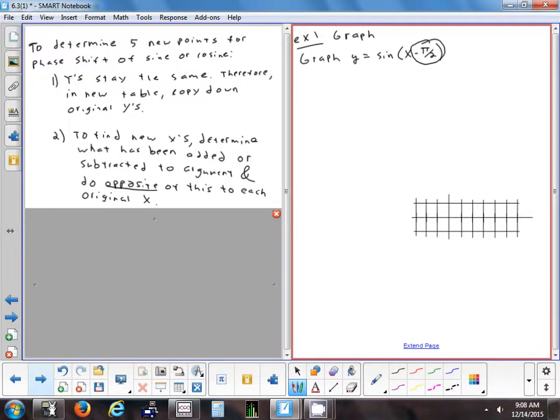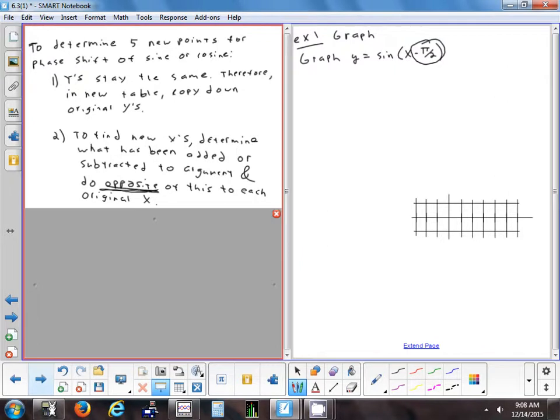Okay, so what did I just circle here? What am I doing to x in this problem? Yeah, we're really shifting it right 90 degrees, or we're going to shift right pi over 2 radians. And we've done a minus pi over 2. So in order to shift it to the right, you're not going to minus pi over 2 from all your x's.